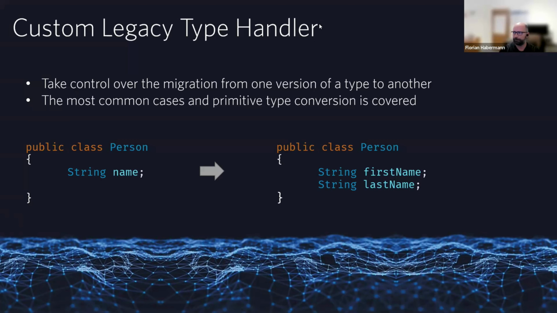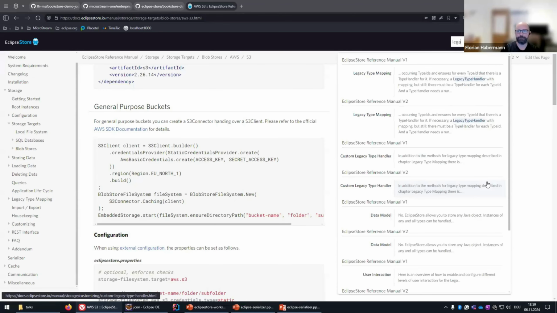And that can easily be done by either code or by providing a mapping file. And this one is described in our documentation as well, of course. We call it legacy type mapping.